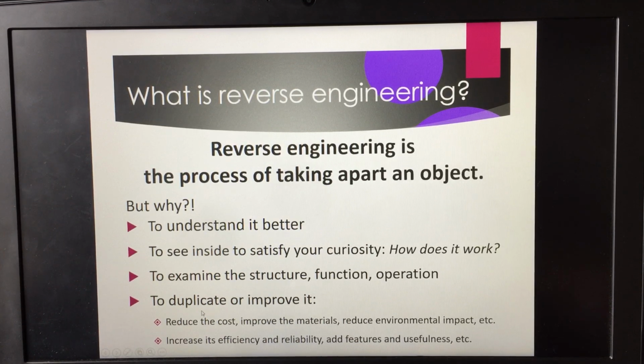Other companies or governments may take some existing technology from another place, take it apart to try and figure out how it works and recreate it or make something better. And this could be for the purpose of reducing cost, reducing the environmental impact, increasing efficiency and reliability, things like that.